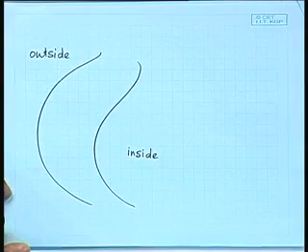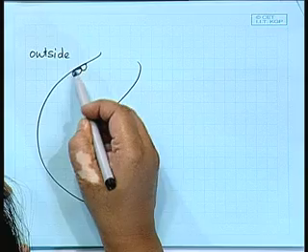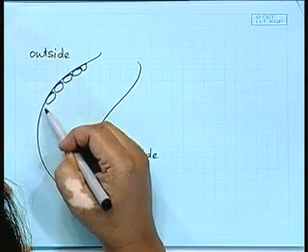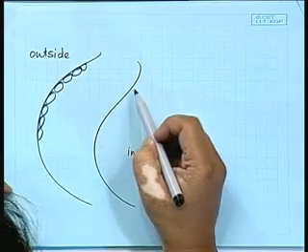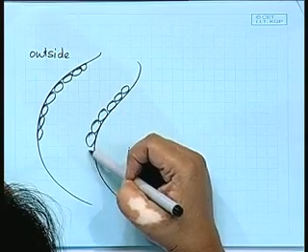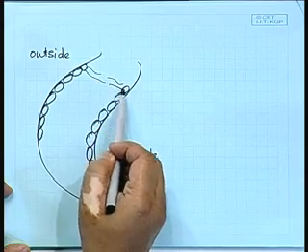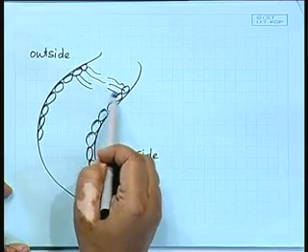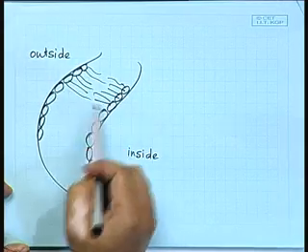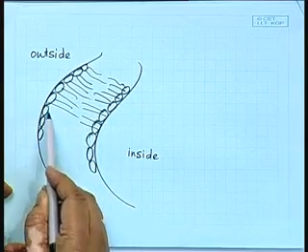We have a lipid bilayer. So, we have all the polar head groups sitting here. We have another set of polar head groups sitting here. Each of these have their tails. So, the membrane actually looks like this.